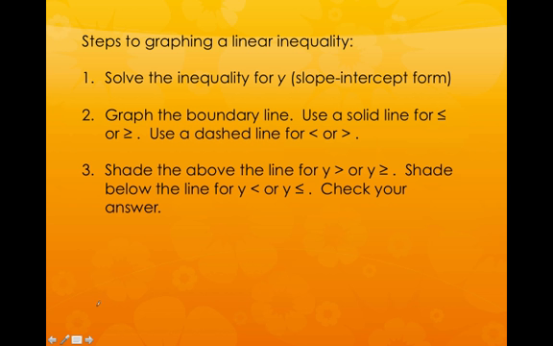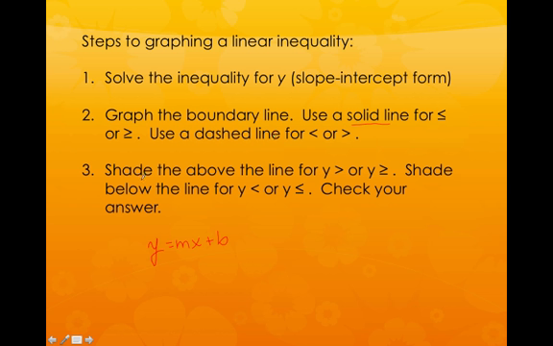First, I'm going to solve the inequality for y. So if it's not already written in the form y equals mx plus b, I'm going to change it to that form. Then I'm going to graph the boundary line. So I'm going to use a solid line if it's less than or equal to or greater than or equal to, because remember it includes those points, or if it's less than or greater than, I'll just use a dashed line.